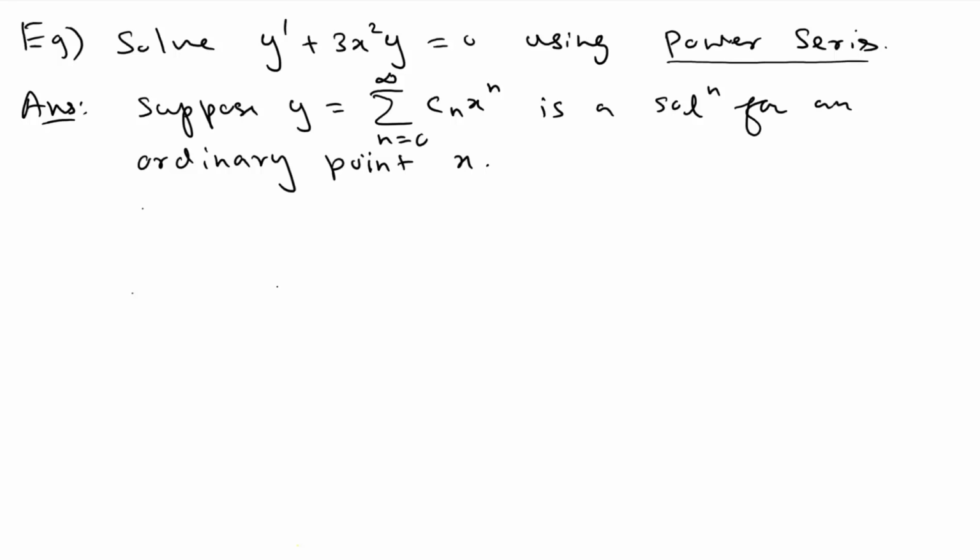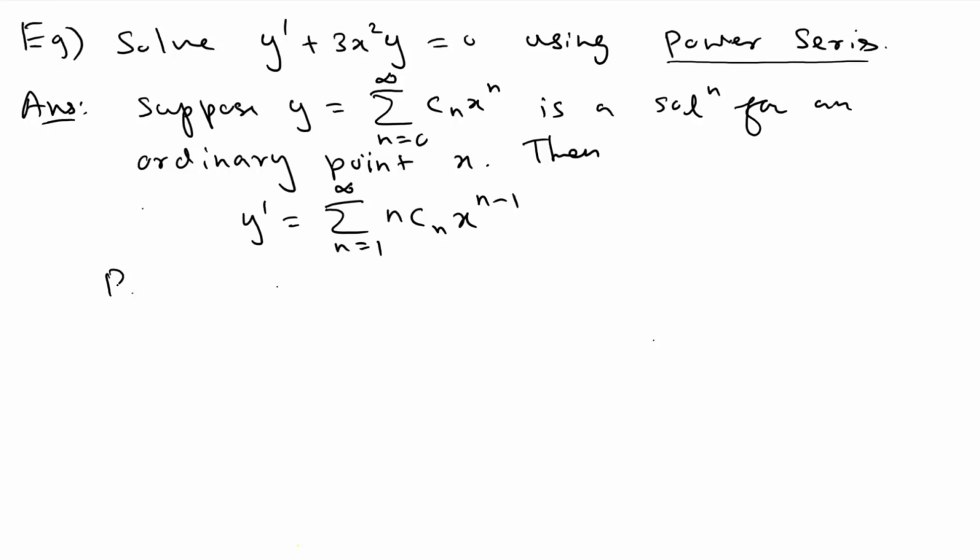Now we're going to take the derivatives. y prime is simply, as before, sigma n going from 1 to infinity of n cₙxⁿ⁻¹. We don't need any other derivative, that's all we need.